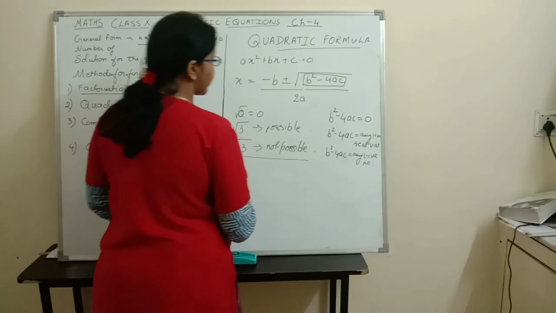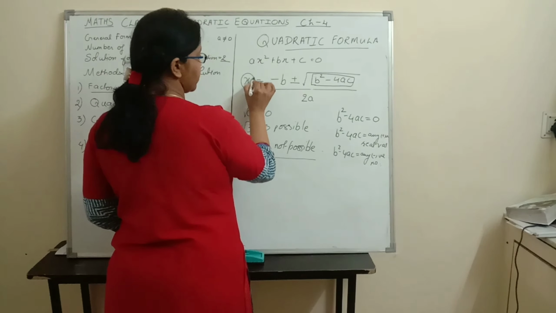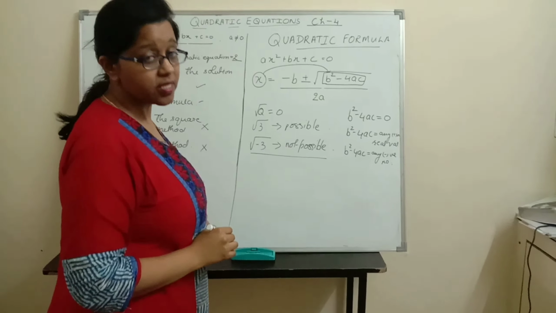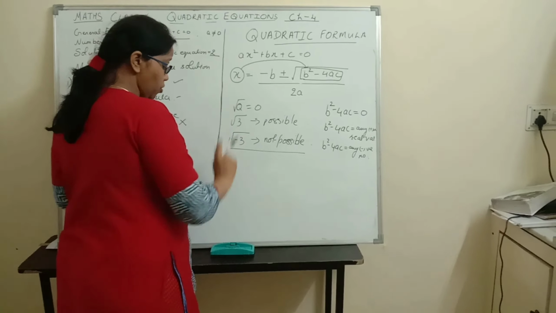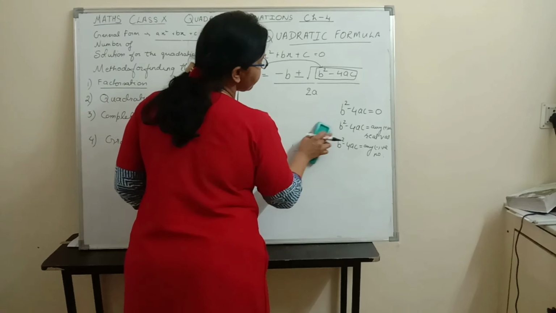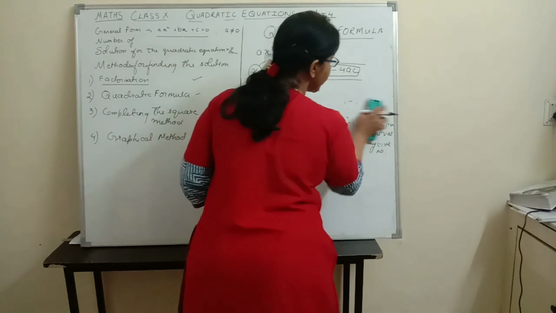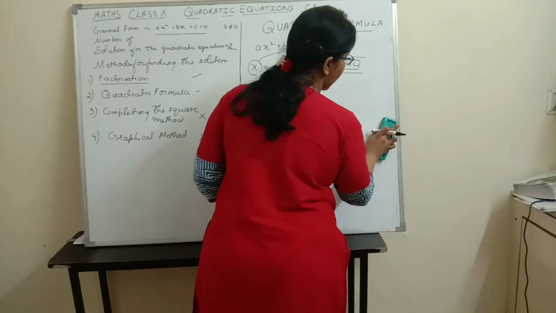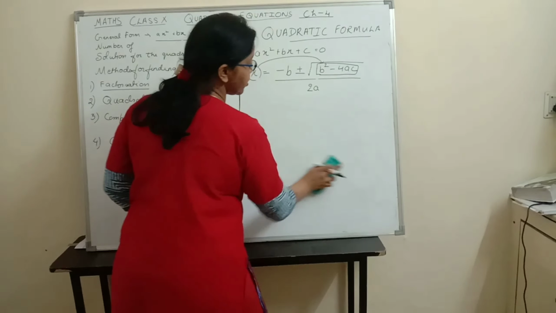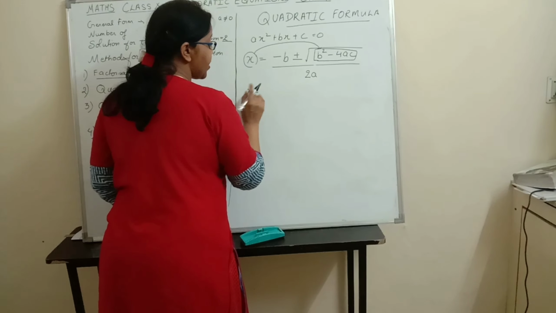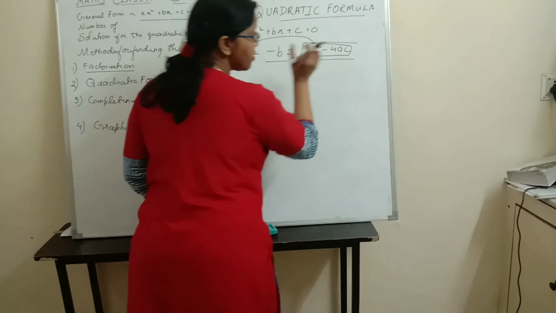It means that the value of x depends on this value which is inside the root. Isn't it? So that is why we can decide the nature of the root. Nature of the root means how the value of x will be after finding it.